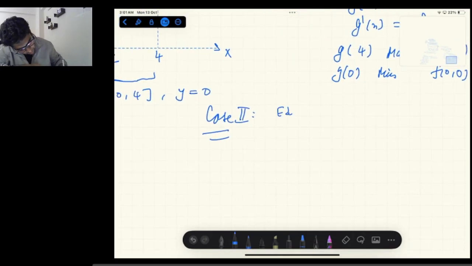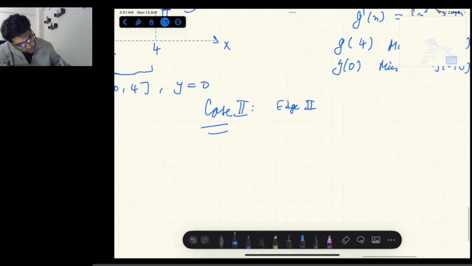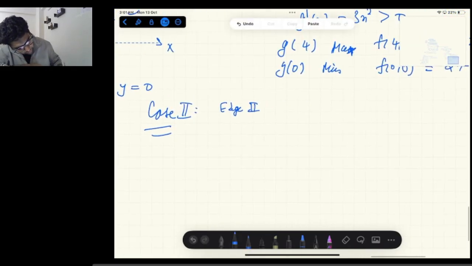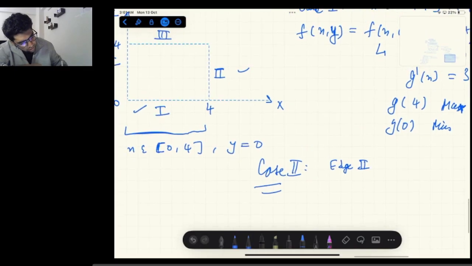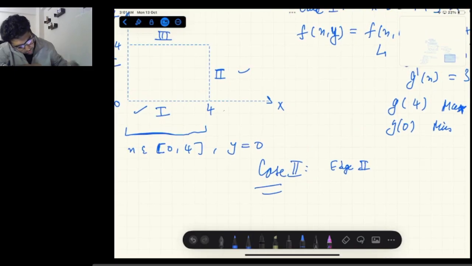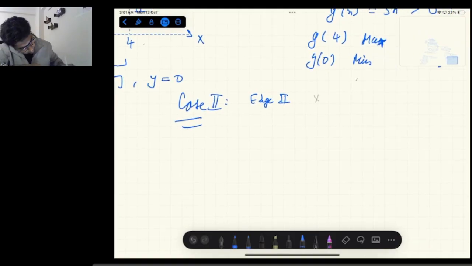Case 2 is edge 2. Or let me just take edge 4 first. No, let us take edge 2 only. At edge 2 I have x is equal to 4 and y lying between 0 and 4. X is equal to 4, y belongs to 0 comma 4, right?